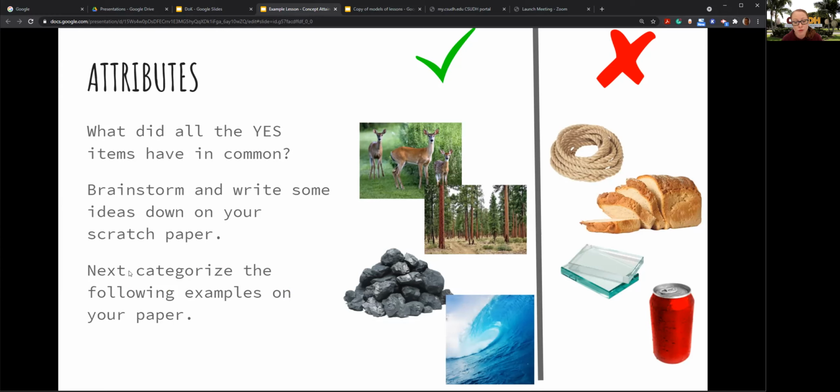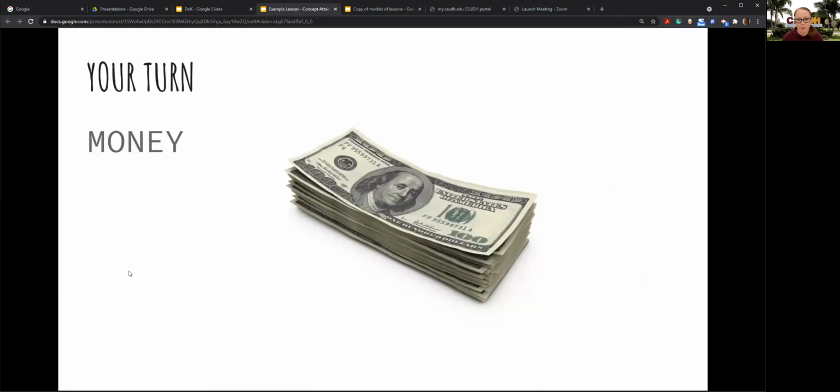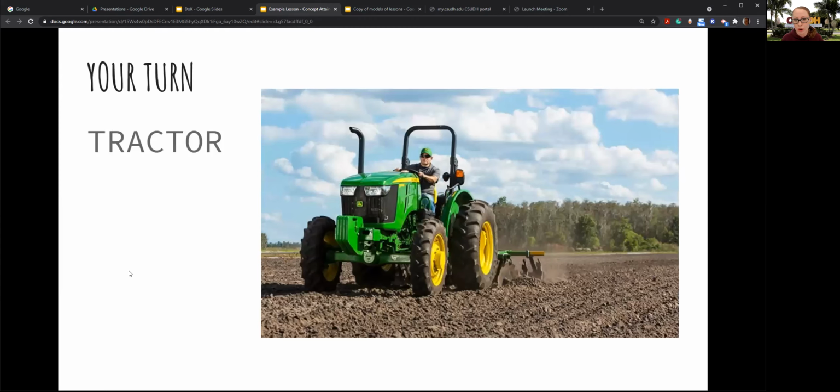So now I'm going to give you new items, and I'm not going to tell you if it's a yes or a no, and you're going to decide on your own if it's a yes or a no, and you'll write it down. And they do not necessarily go in that order of yes, no, like previously, okay? So here's the first one, money. Do you think that matches the yeses or the nos? Tractor. Does that match the yeses or the nos?